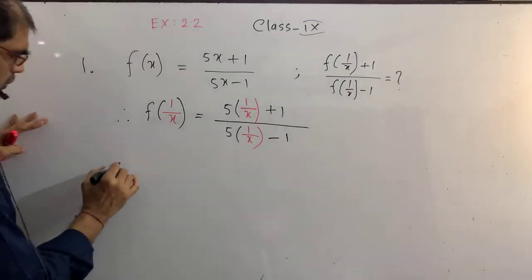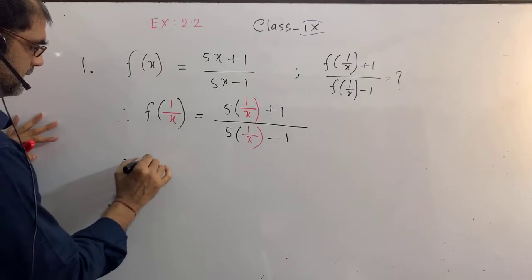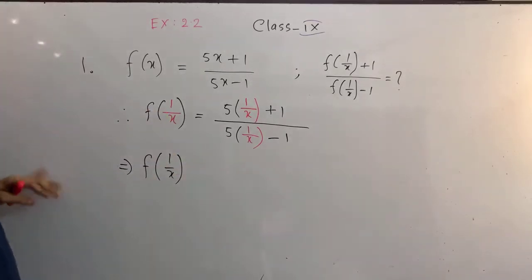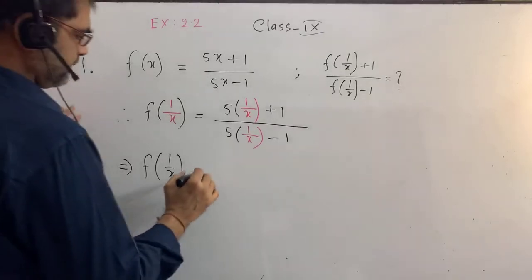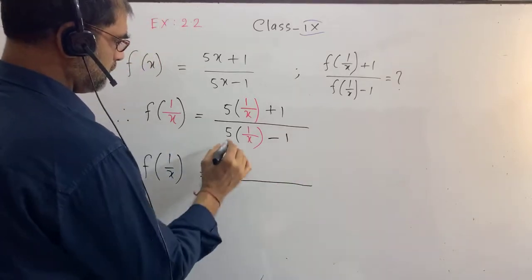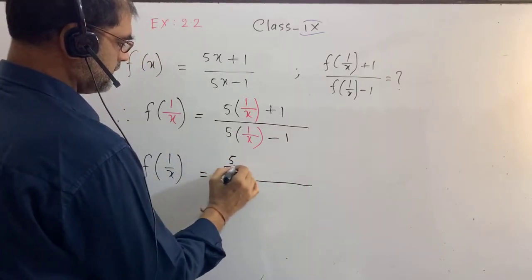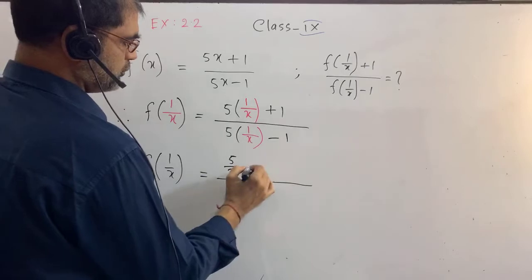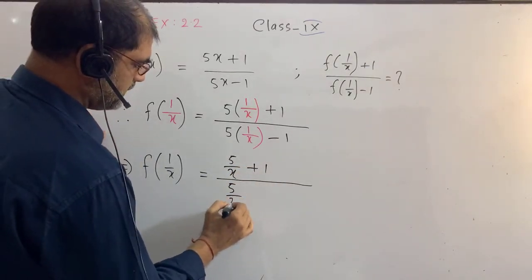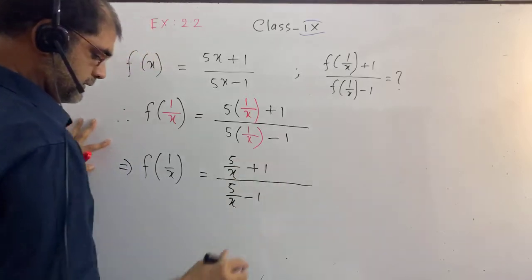Now we see again, it is f of 1 by x, okay, is equal to what? We get 5 by x plus 1 by 5 by x minus 1.